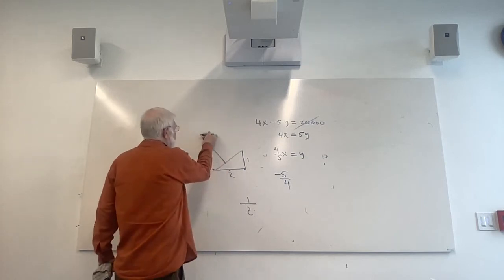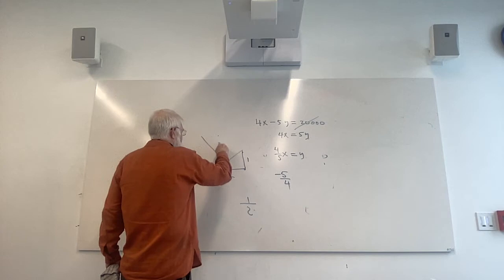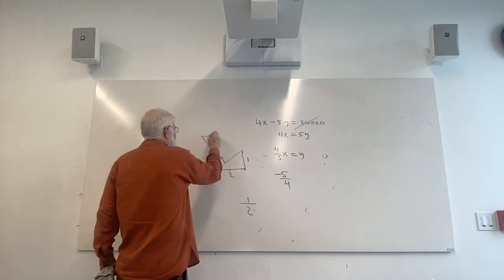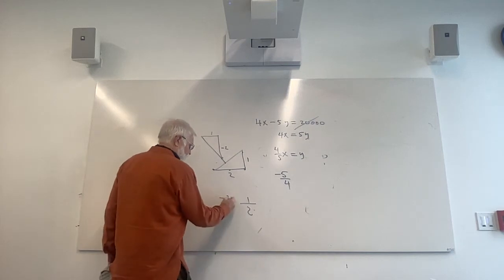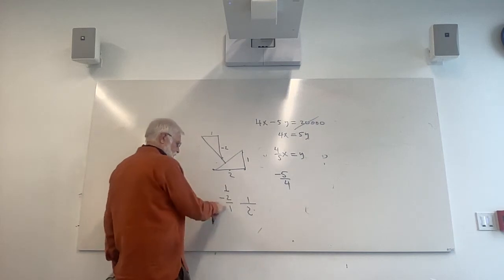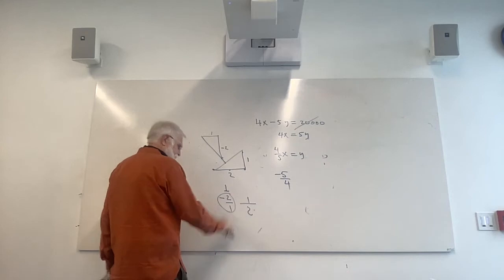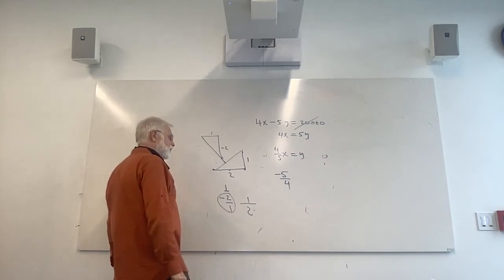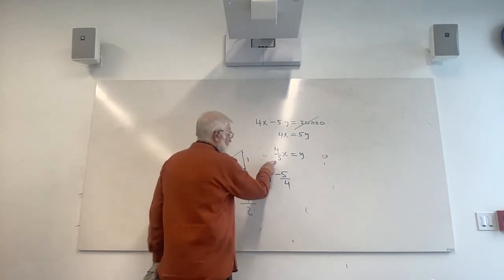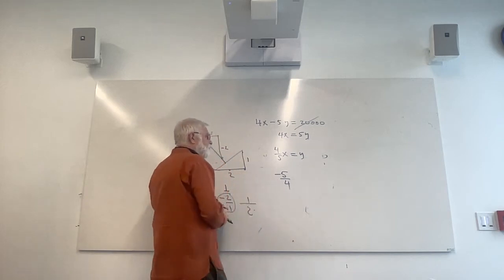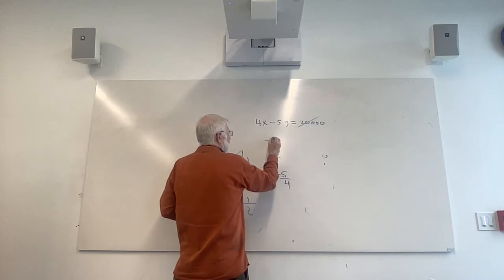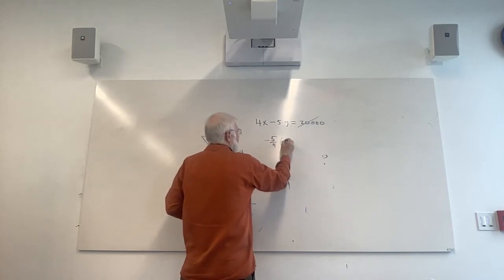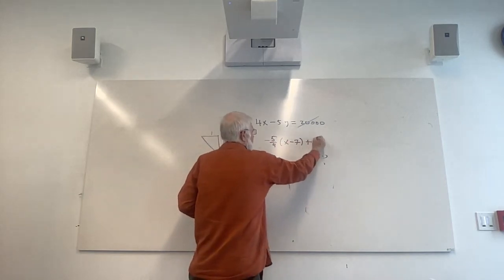And if you measure that, you go over 1, and lo and behold, look at that, you go down 2. So minus 2 over 1 is the perpendicular to that. Well, sure looks like a pattern to me. So what's perpendicular to 4/5? Minus 5/4. Oh, so your final answer then is minus 5/4 x minus 7 plus up.